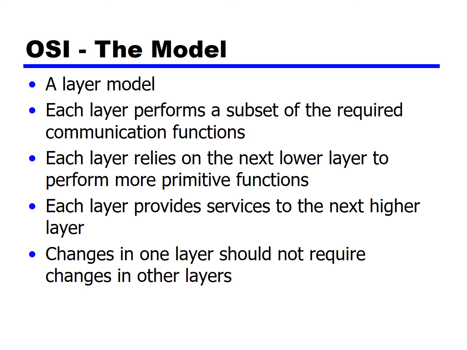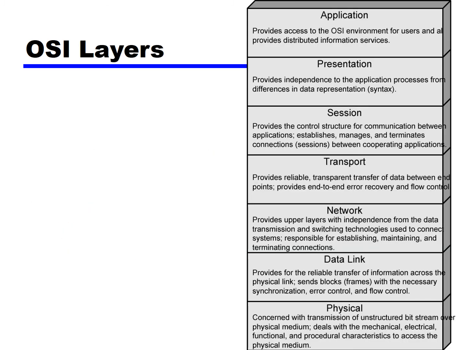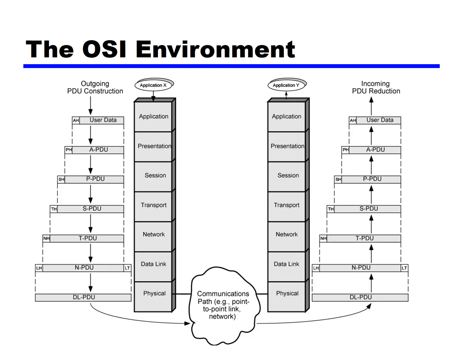A change in one layer should not require change in other layers. The OSI layers are application, presentation, session, transport, network, data link, and physical.